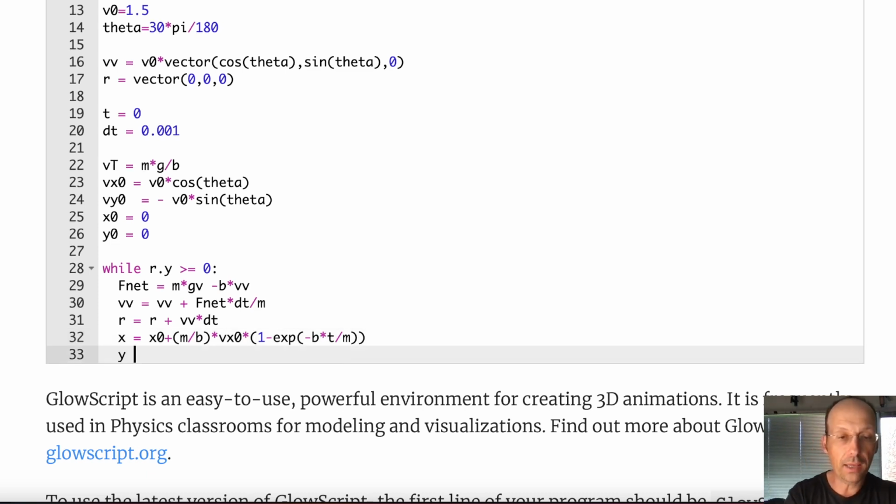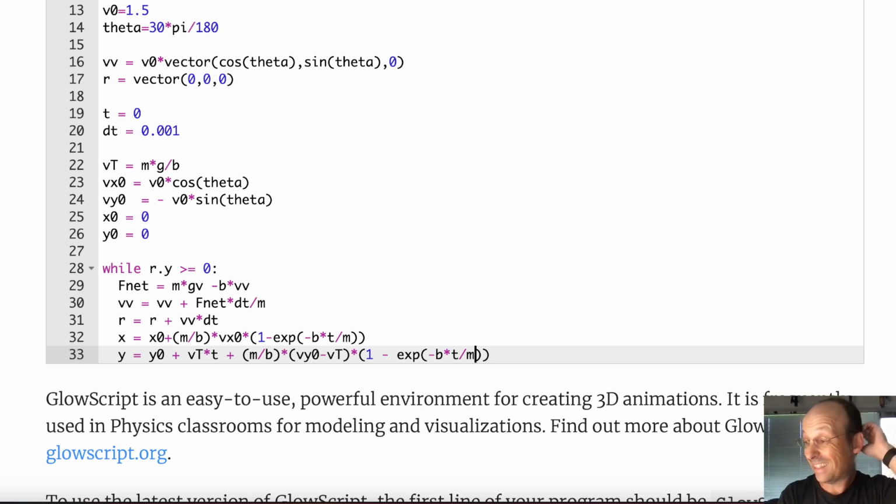And then y is going to be equal to, looking at my equation right here, y0 plus vt times t plus m over b times vy0 minus vt times 1 minus e to the negative b times t over m.